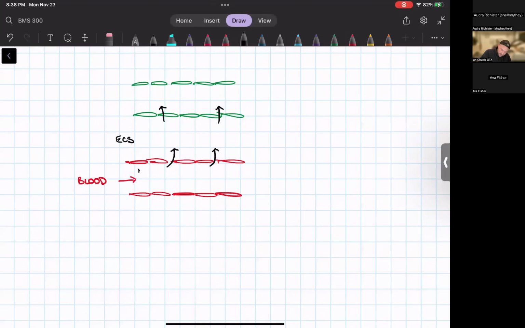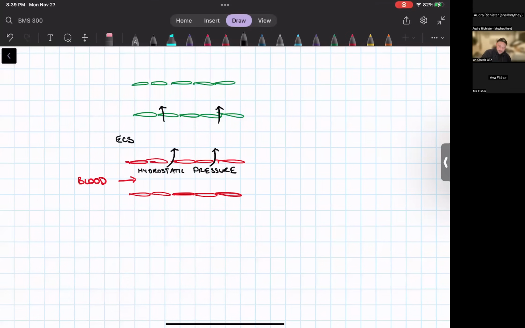So this is our hydrostatic pressure. This is coming from the left side of the heart. So when the left side of the heart contracts and pushes the blood systemically through the body, that hydrostatic pressure is pushing some fluid.